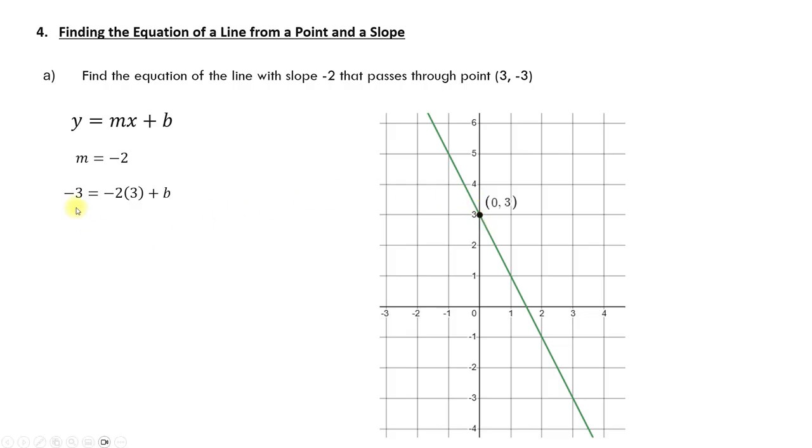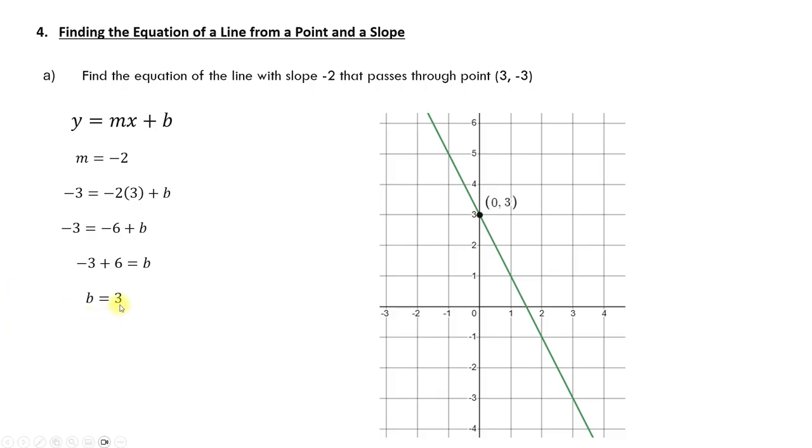So if we plug in these values, negative 3 for y, slope of negative 2, and an x value of 3, then we can solve for b. With a little simple algebra, we come up with a value of 3 for b.